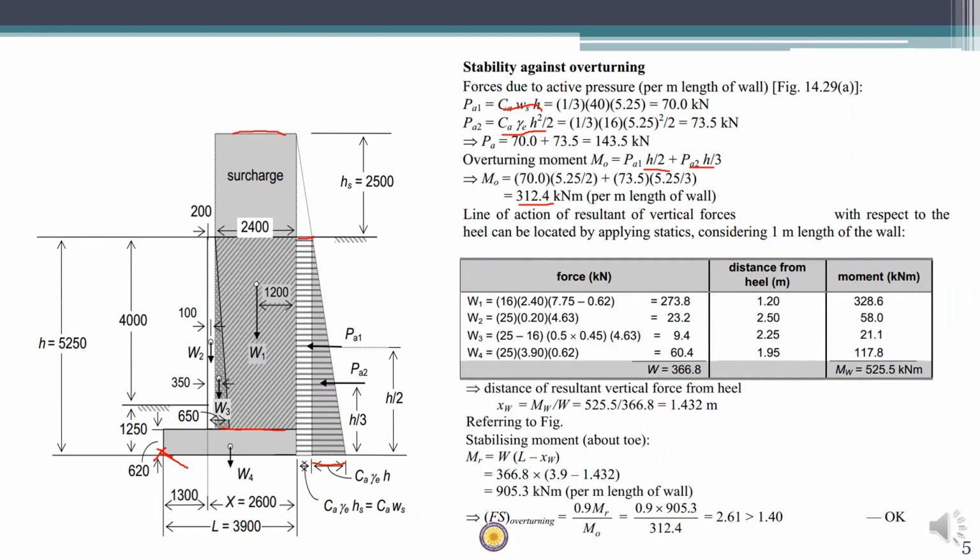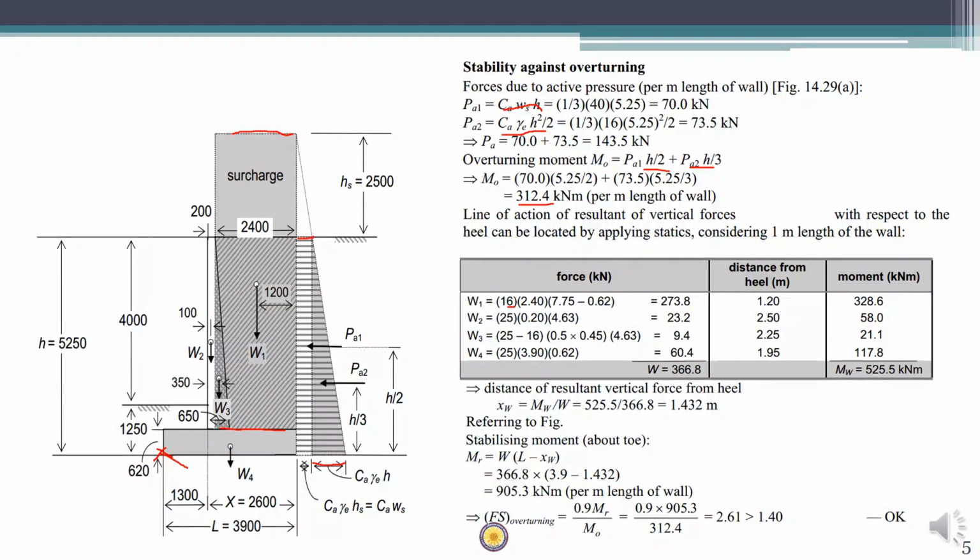So this much height we are having soil, so the weight of that will be 16, the unit weight, into 2.4, the width of this rectangle, and height of this is 7.75 minus 0.62. We have to subtract the base slab thickness.